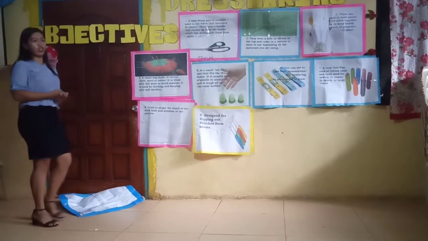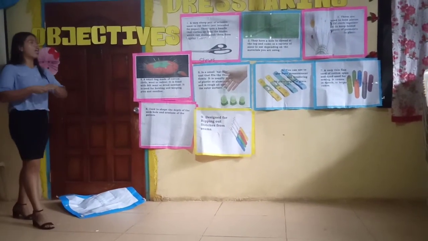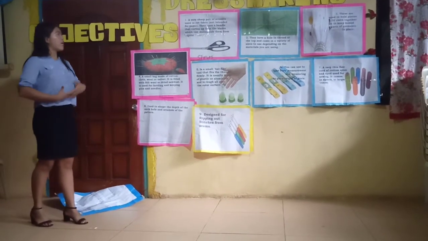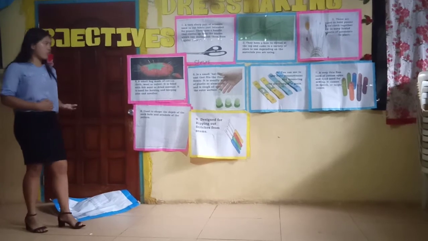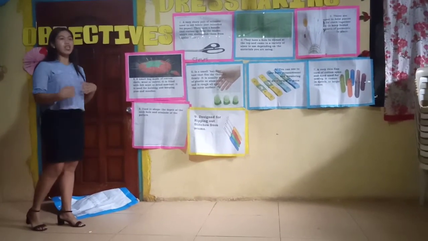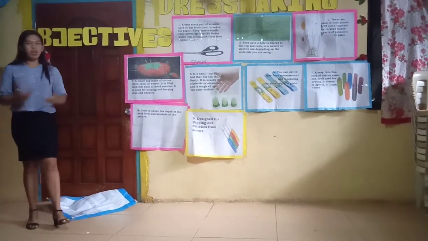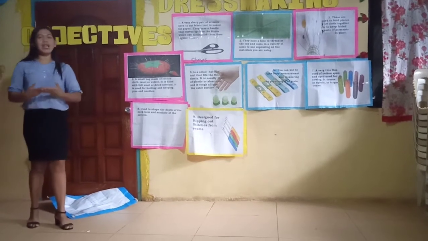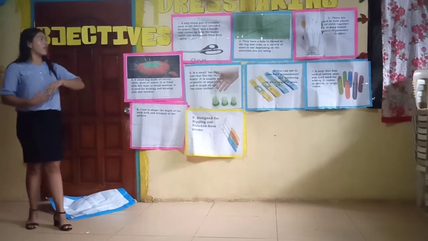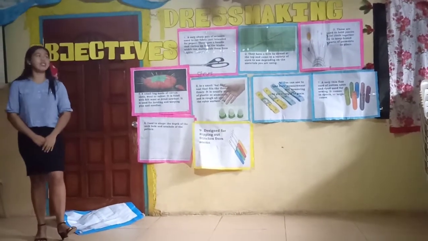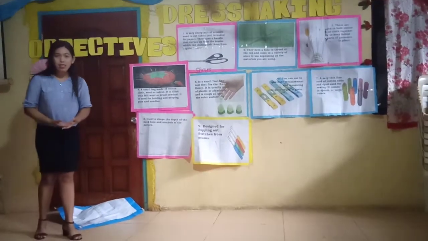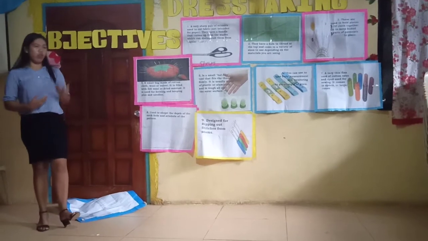After my discussion, assuming that the students will know or learn about the types of tools in sewing, let's move on to our generalization and abstraction. The teacher asked the students what they learned about the topic we've discussed. The first question is why it is important to us to make clothes.